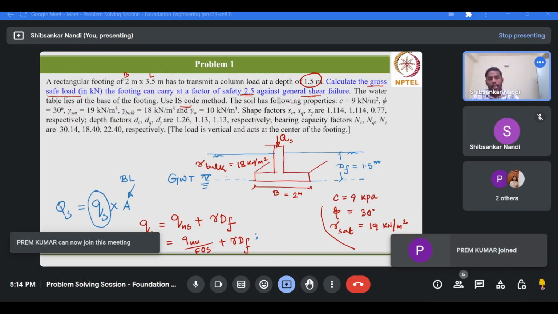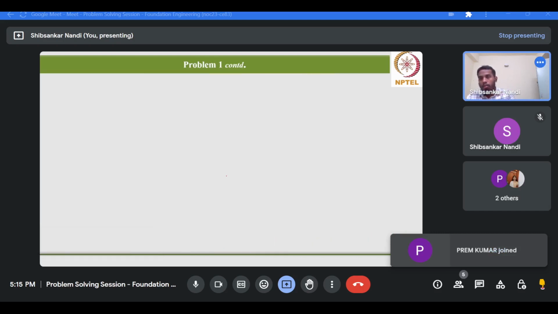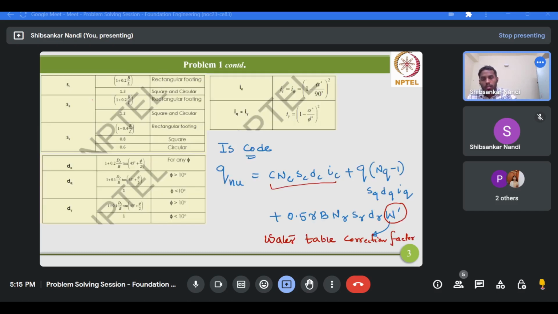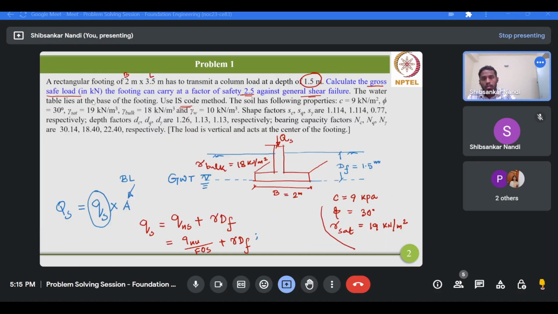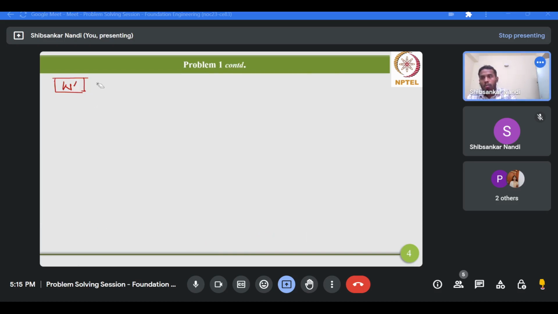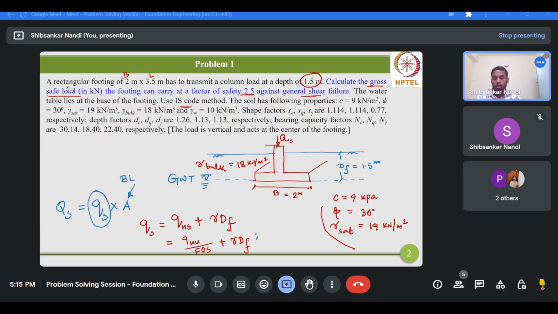So as per IS code recommendation, let me put this information in this slide.